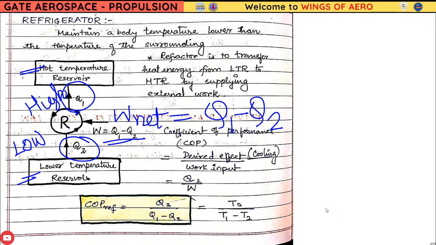Now, in this case, we can find out the performance based on one coefficient, called the coefficient of performance, COP in short.